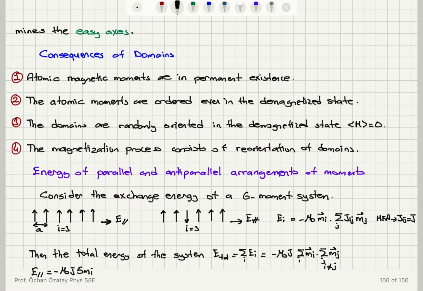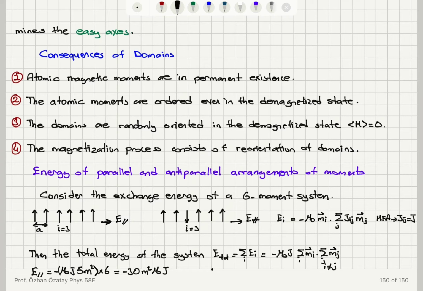The second one will give me the same thing, and I'm going to do this 6 times. So this will be multiplied by 6 for the 6 moments. So this is minus mu 0 J m squared multiplied by 6. So that gives me minus 30 m squared mu 0 J for the parallel configuration.